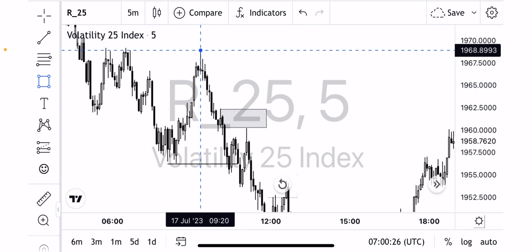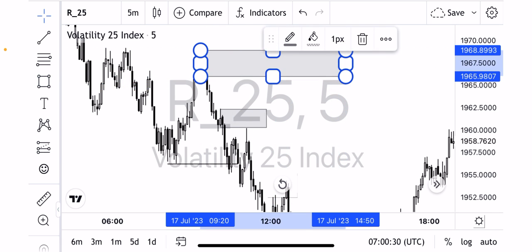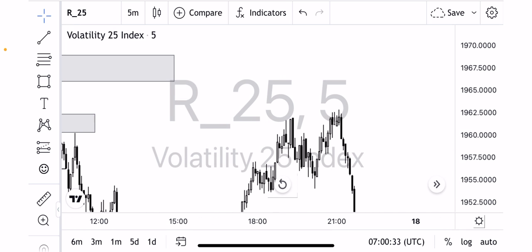So that's not bad. If you do this multiple times on volatility 25, now you should look out for assets that are not really volatile. You shouldn't be doing this on volatility 50 1s if you have a $10 account.